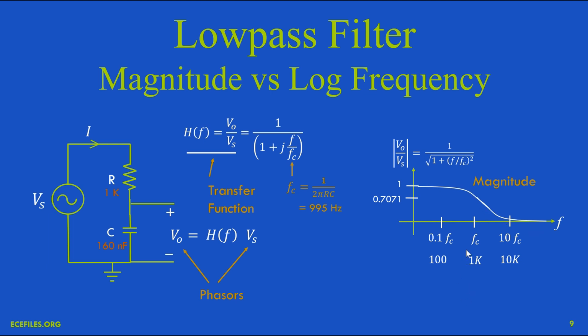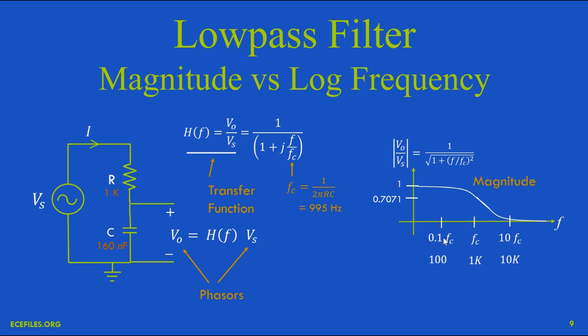Now in this graph, I've actually labeled a log scaling of frequency here, 0.1 fc, fc, 10 fc. Remember, fc is the corner frequency. And I picked some values that came from our previous episode in the series, 1k and 160 nanofarads, to give a basically 1 kilohertz corner frequency.